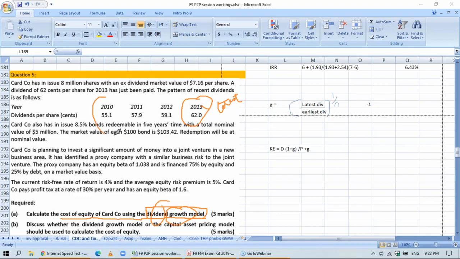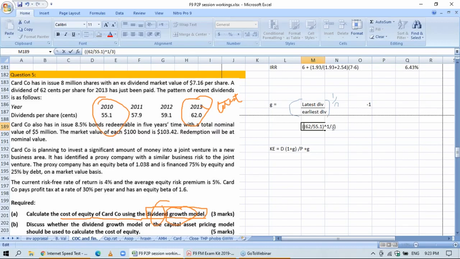So what we will do is 62 divided by 55.1 to the power 0.3 or 1 by 3, because 3 years we are calculating this.